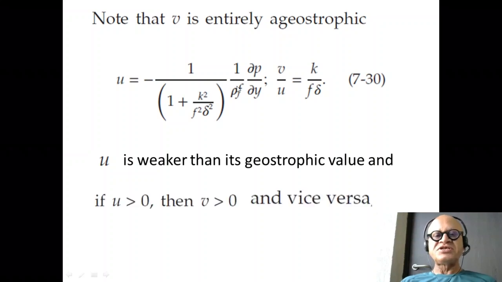So friction is weakening the geostrophic current, so we have sub-geostrophic flow. If u is greater than 0, then v is greater than 0 because of this relation between v and u, and if u is less than 0, then v is less than 0.